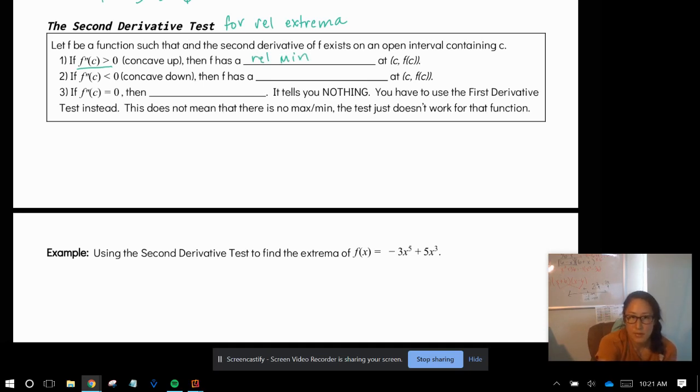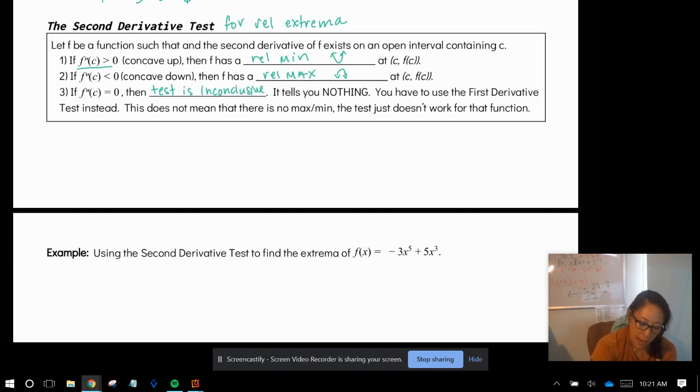If f double prime of c is less than 0, then you have a relative max in that section. So we're thinking like, remember, concave up or concave down, or relative min or relative max. When the second derivative is equal to 0, we have no idea what we have. So the test is inconclusive.